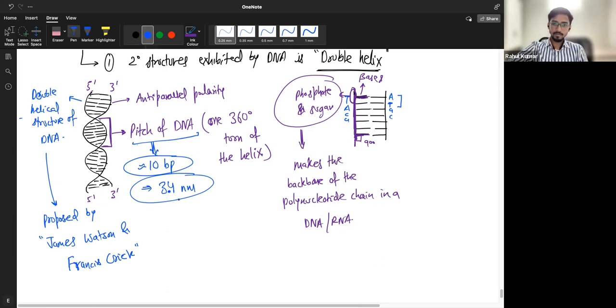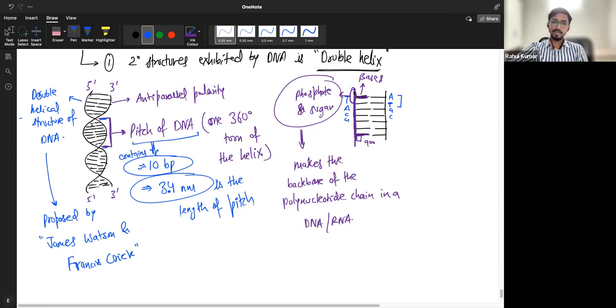Let me make it very clear. 3.4 nanometer is the length of pitch from here to here. And I'm telling you, one pitch contains 10 base pairs.